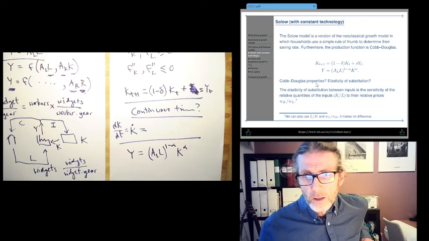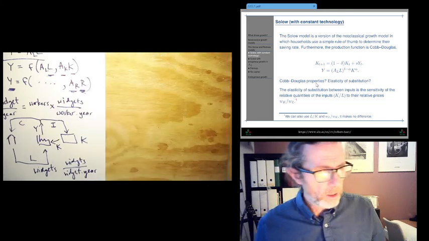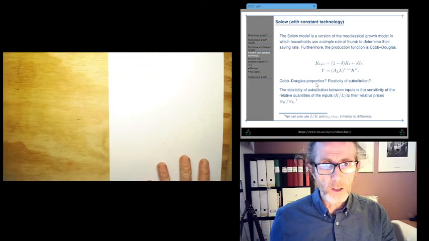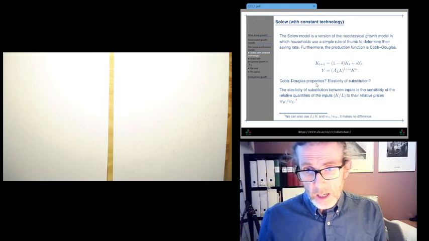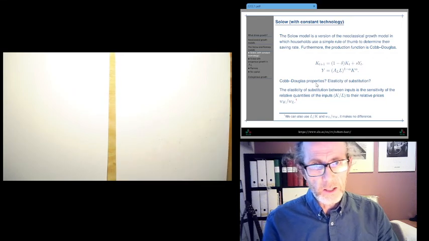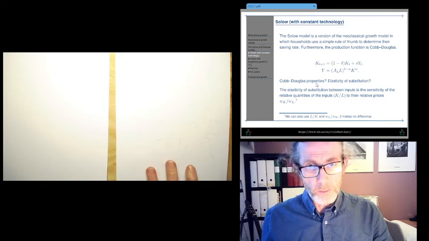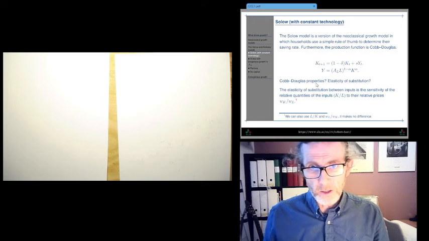So one really interesting property of the Cobb-Douglas is the elasticity of substitution between the inputs, and we're going to look at that now. As you know, in economics, an elasticity is a sensitivity, and typically the most common is demand elasticity, the sensitivity of demand to the price.